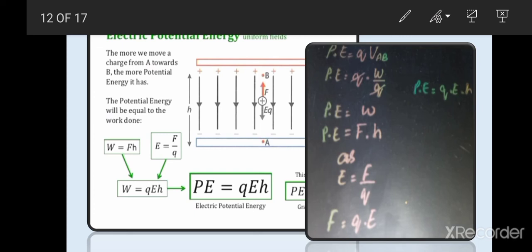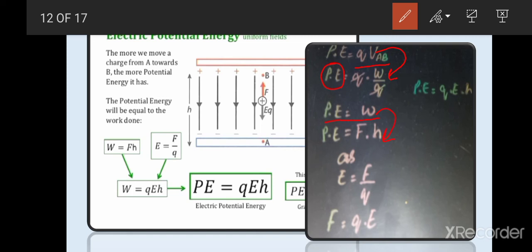As we have just discussed, the potential energy between two points is actually the product of Q and the potential difference between these two points, where V is actually W divided by Q. The potential difference is work done divided by Q. So here potential energy is actually the work done, and work done is FH, force multiplied by distance.